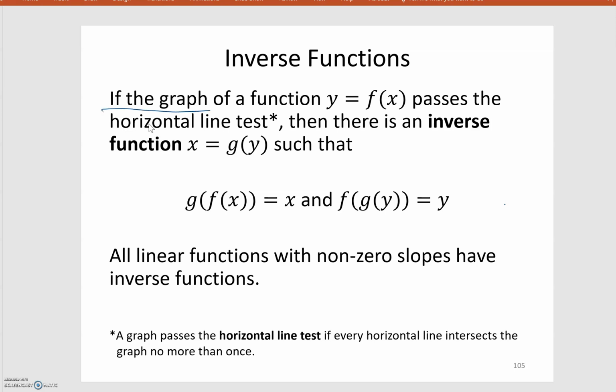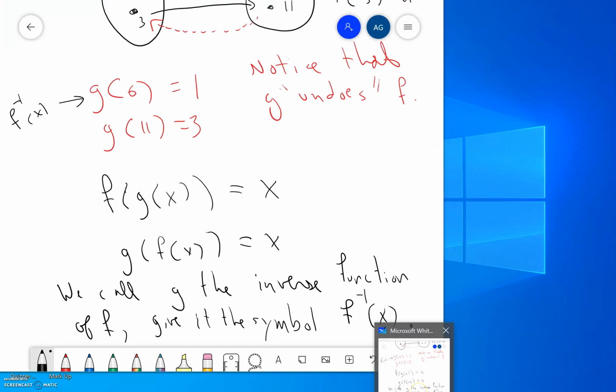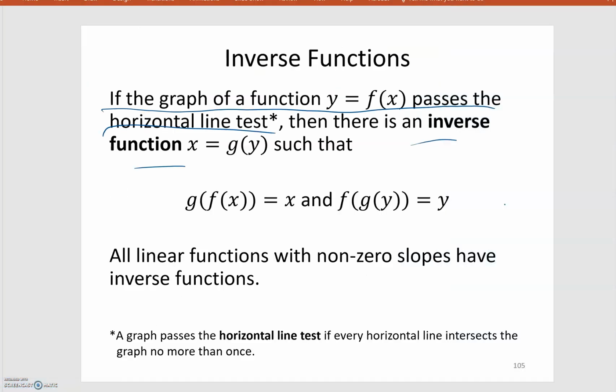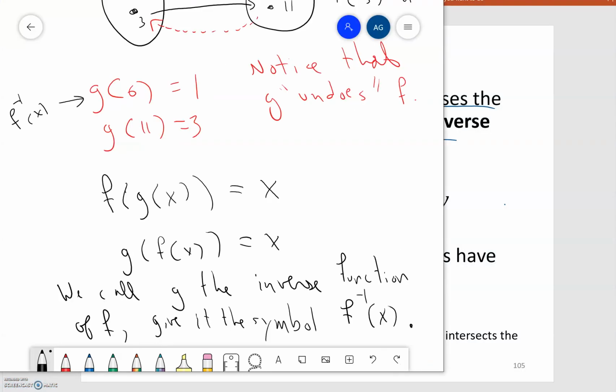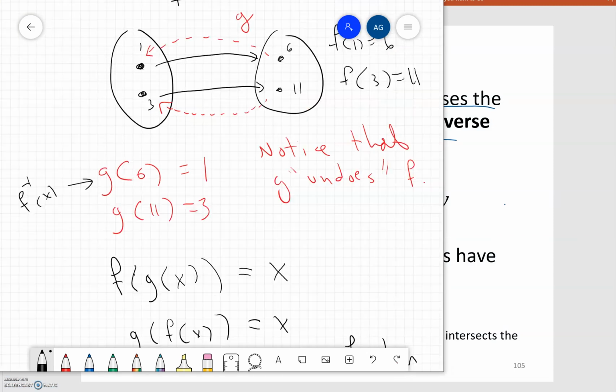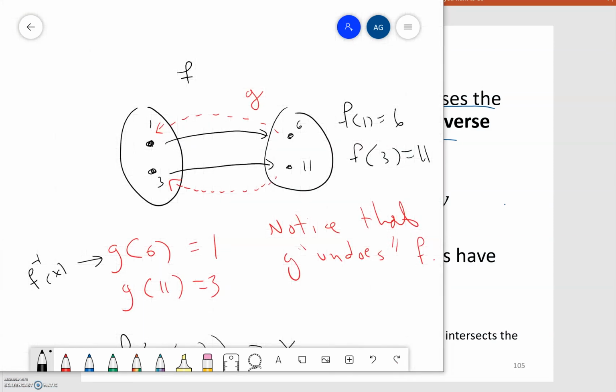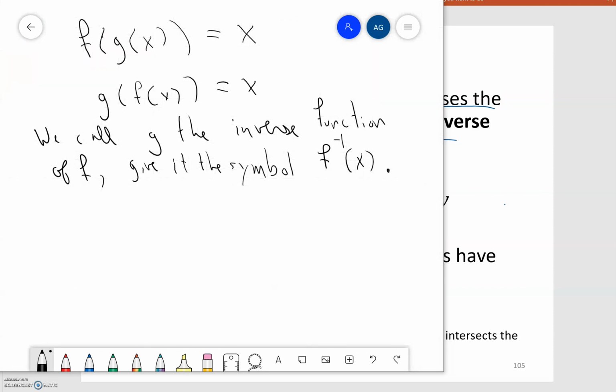The first line here says, if the graph of a function passes the horizontal line test, then there's an inverse function. Let me explain what's going on with that and why that's important. And actually, I think I'm going to go back to my picture to talk about that. So how could we have a problem here? Here's how we might have a problem.